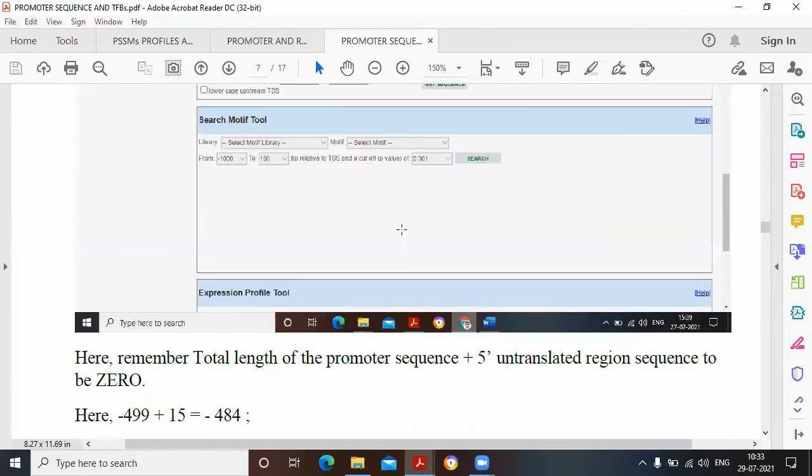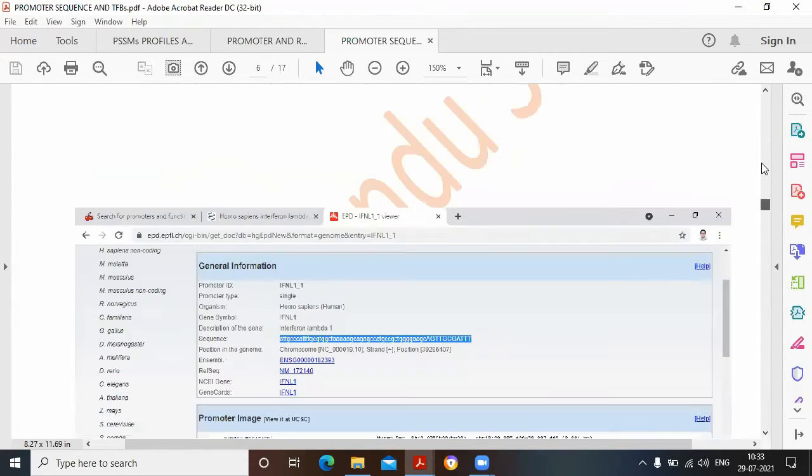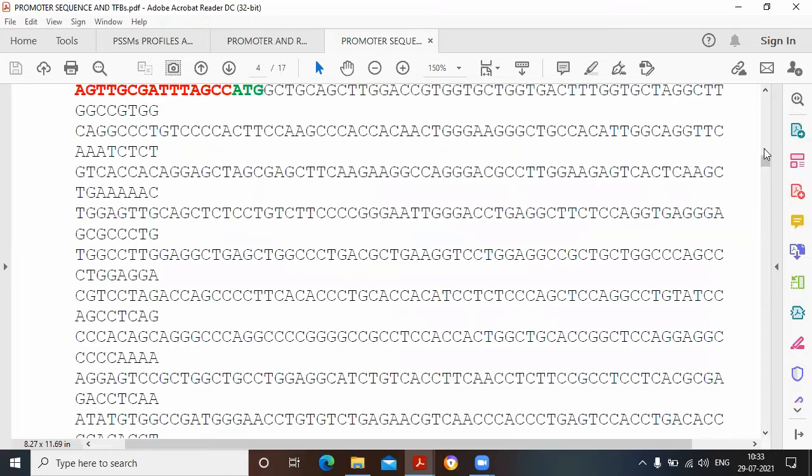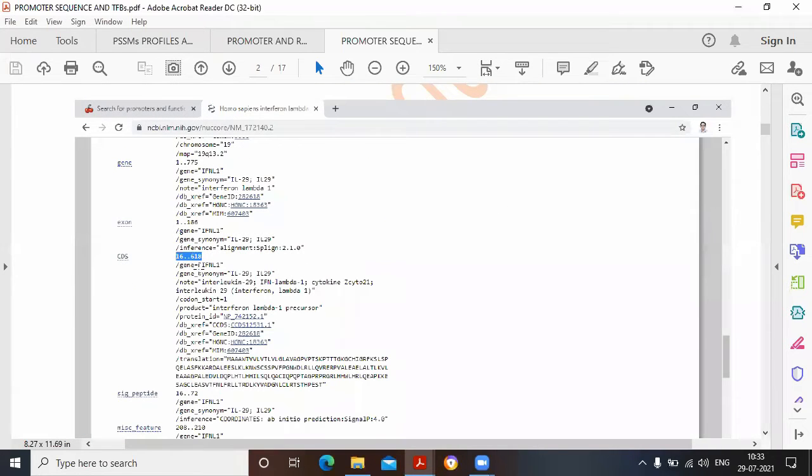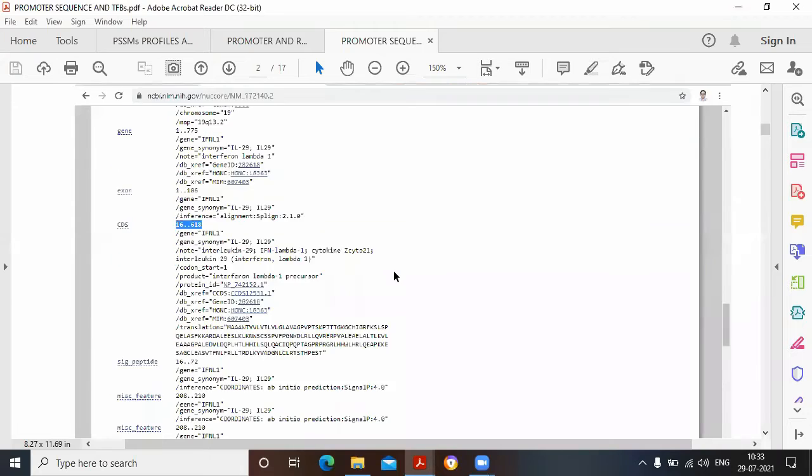Another important thing: go back to the NCBI sequence and you will find 16 to 618 mentioned, which means 15 alphabets come before.